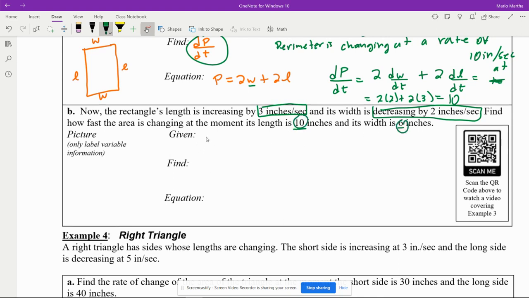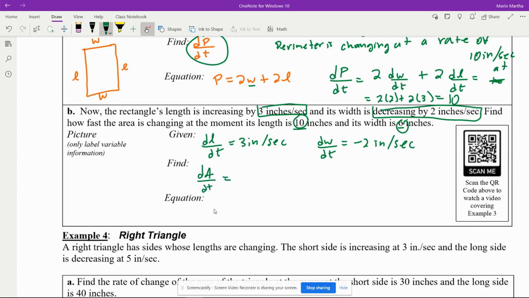Here we're given that the length is increasing, so dl over dt is equal to 3 inches per second, meaning it's going up. And the second one, dw over dt, is equal to negative 2 inches per second. Again, we're looking for dA over dt.